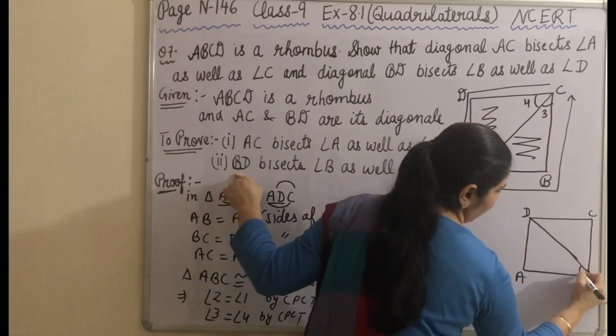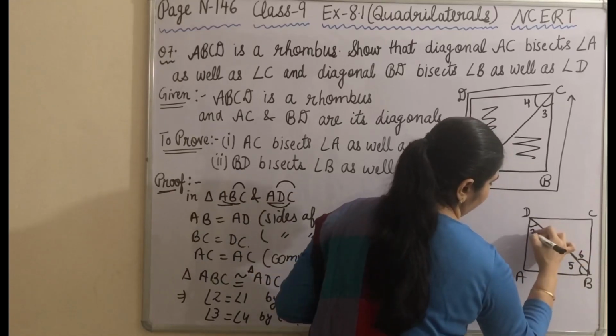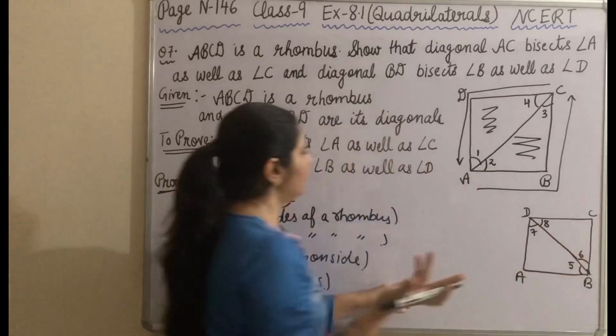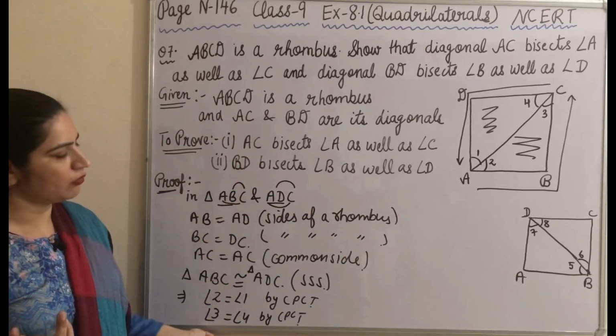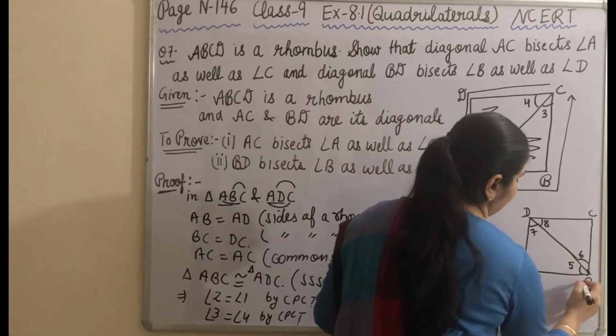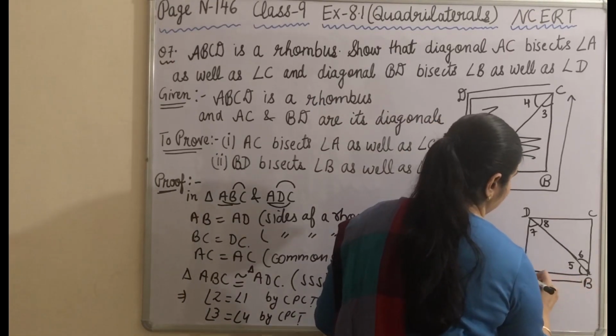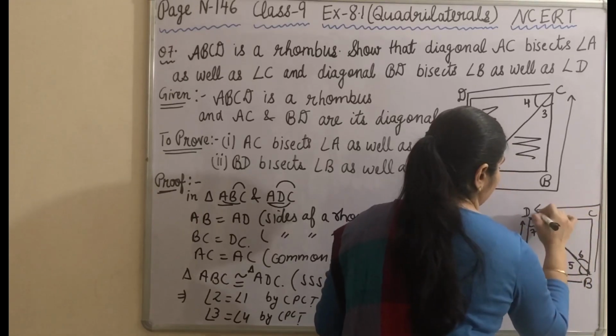Now I am giving the names 5, 6, 7 and 8. Similarly, as we did in the first part, here also we will prove the congruence. We will take this triangle BAD and triangle BCD.